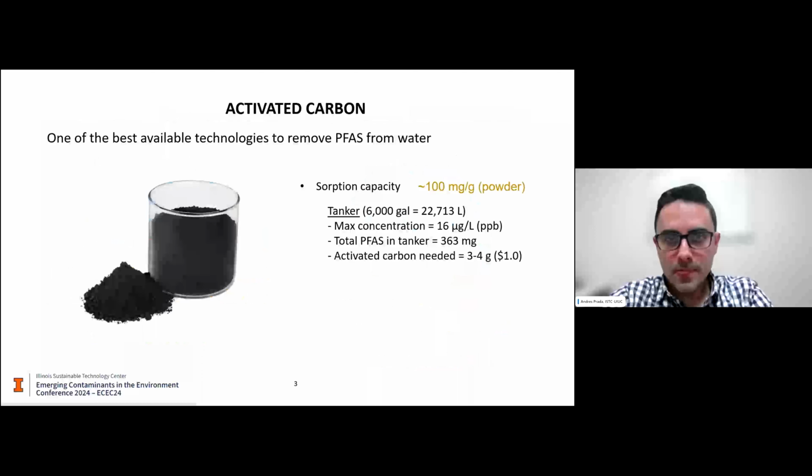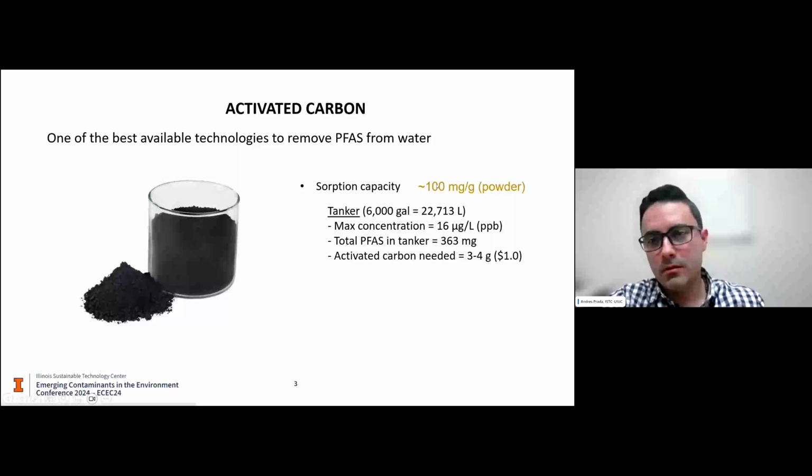So there is a huge difference between treating those two inputs. One of the best available technologies right now to remove PFAS from water is activated carbon. Very well known. In its powder version, it can hold around 100 milligrams per gram.